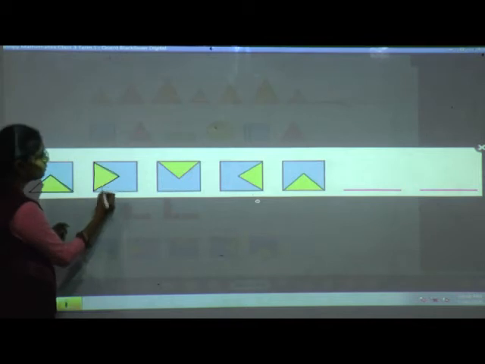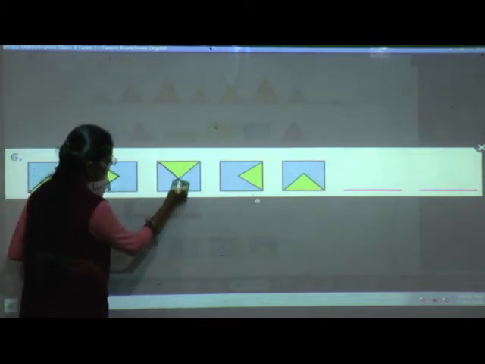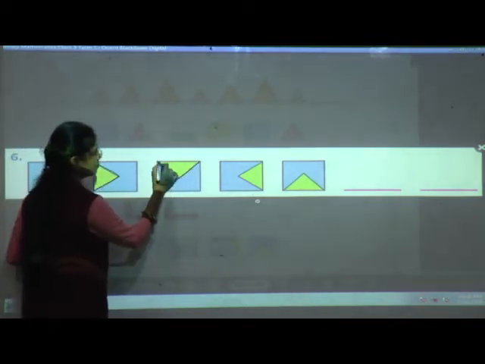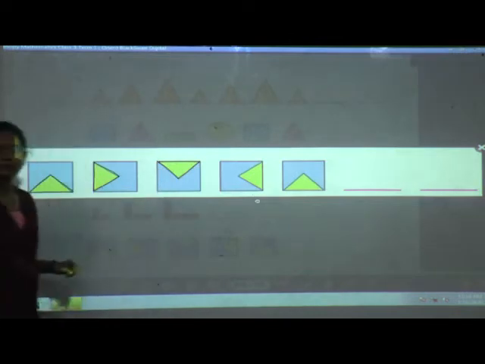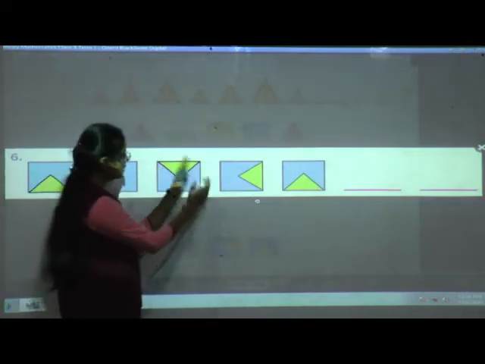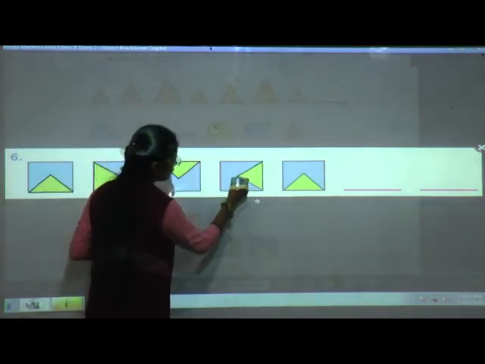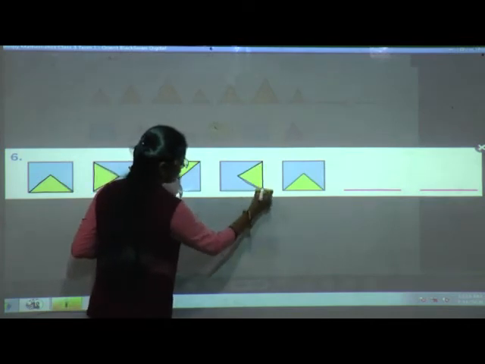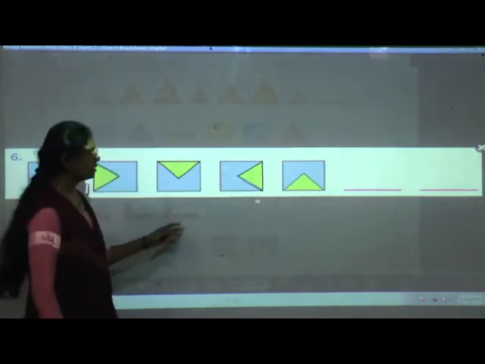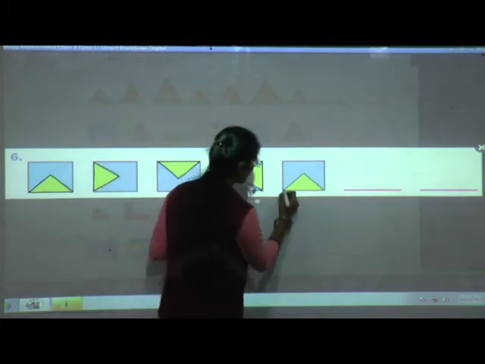Now see again, if we will turn the triangle, it will come like this. Then again this triangle will come to this side, isn't it? Then the triangle will come downside.